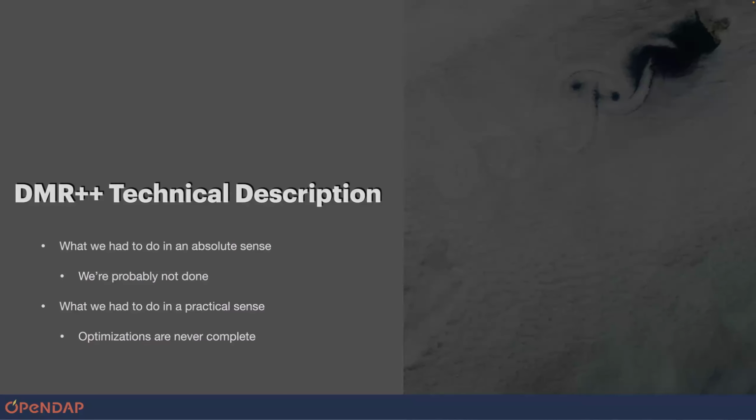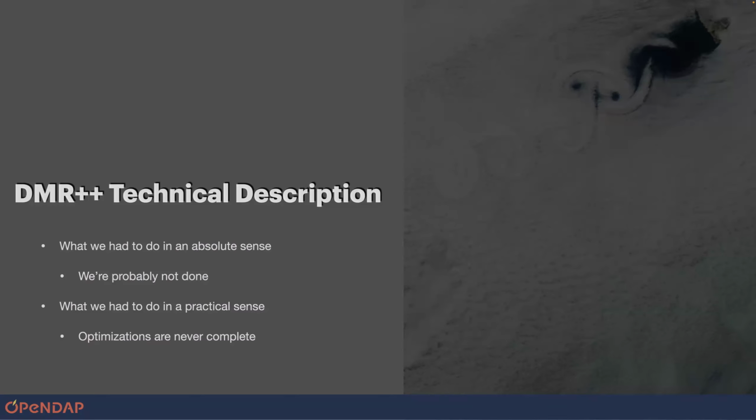Now I'm going to go through a technical description of the DMR++. I'm going to use a lot of XML language when I do this, and I apologize for the people that have an allergy to XML. I did too, but I somehow have overcome it, at least a little bit. I'm going to talk about what we had to do in an absolute sense, and say up front that we're probably not done.